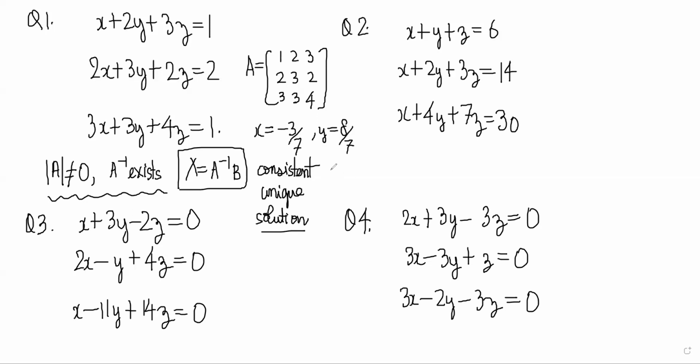It is not allowed to make mistakes in calculations here. Why are you in such a rush that you are getting the wrong answer? Minus 3 by 7, 8 by 7, and minus 2 by 7. Oh, yeah.